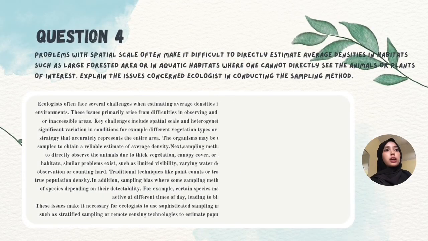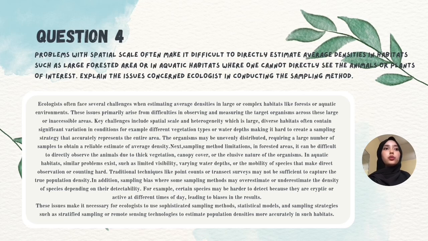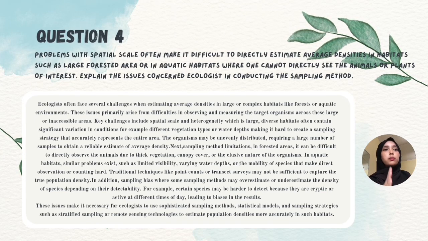Diverse conditions and uneven organism distribution make accurate representation difficult. Thick vegetation, limited visibility, and species mobility hinder direct observation, while certain methods may over or underestimate densities.